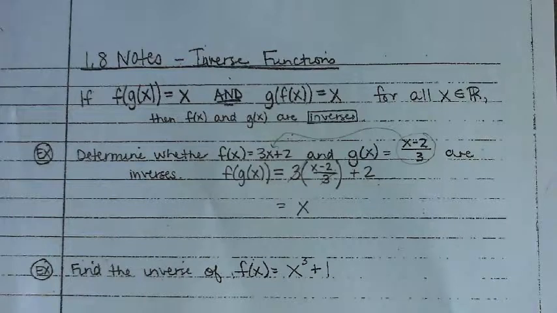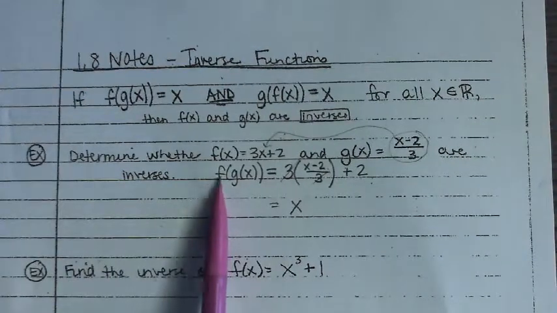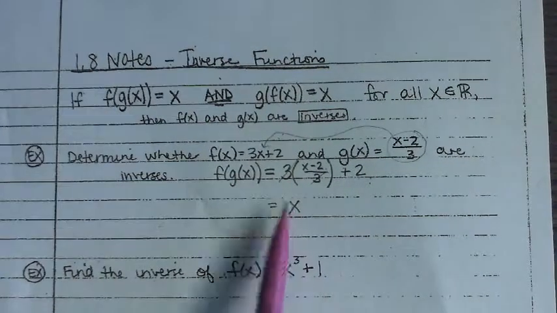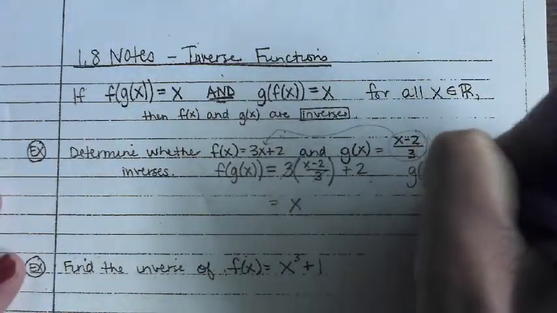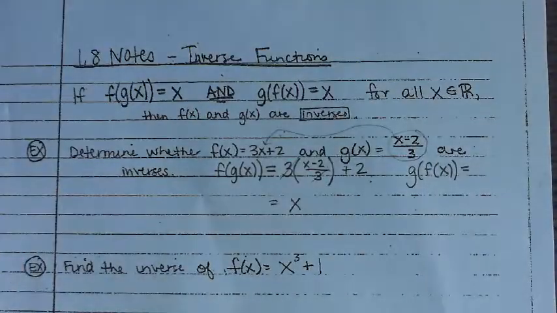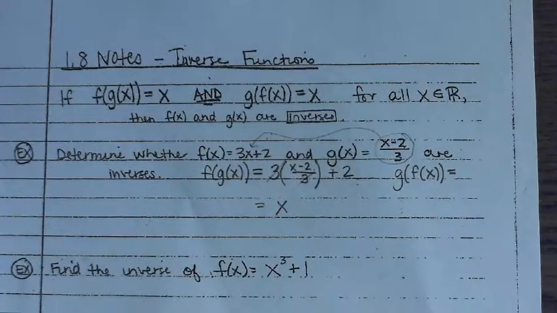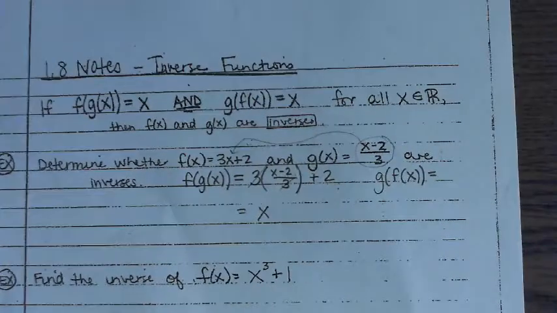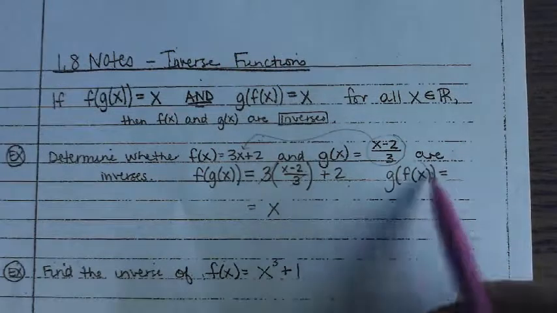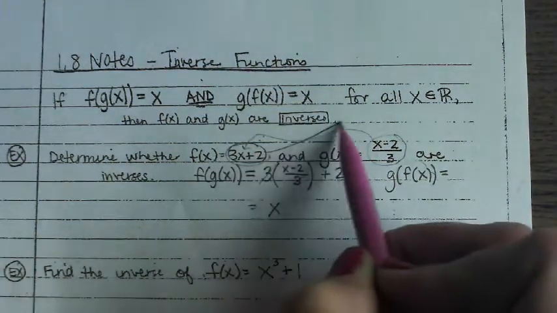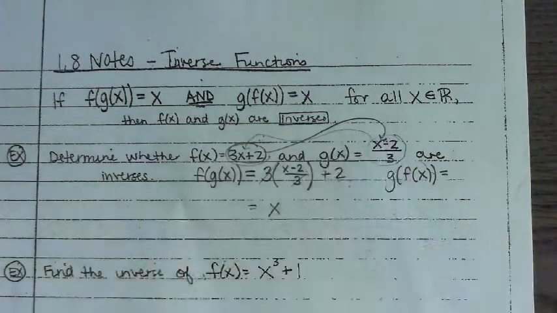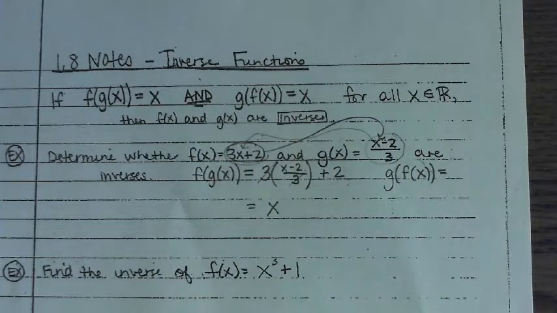Unfortunately, that can coincidentally happen in one direction, but not the other. Meaning it could coincidentally happen that f of g of x gives us x, but g of f of x will not. So this is why we have to do it in both directions to confirm yes or no. Now g of f of x means I take my f of x function, the 3x plus 2, and plug it in for the x in the g of x function.